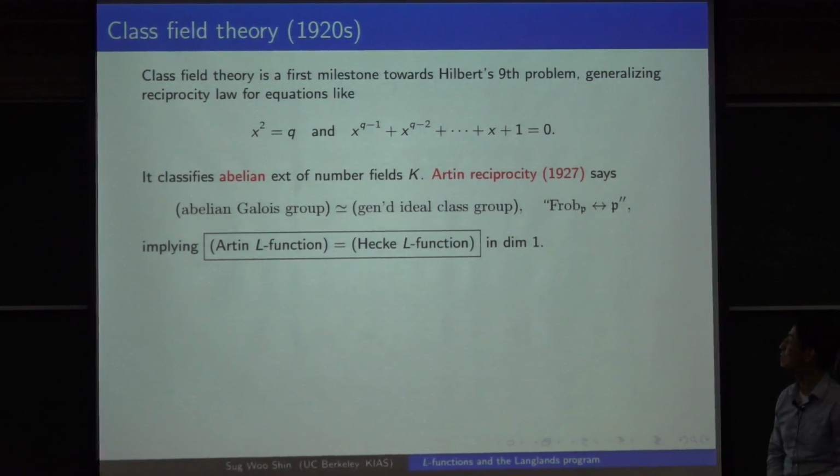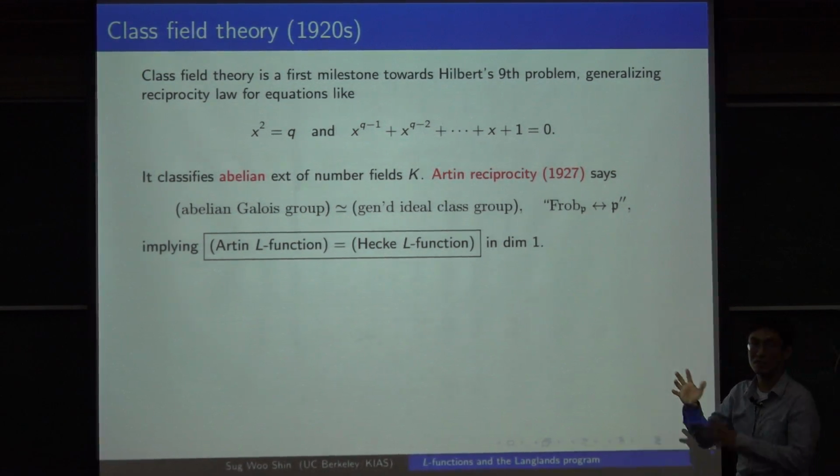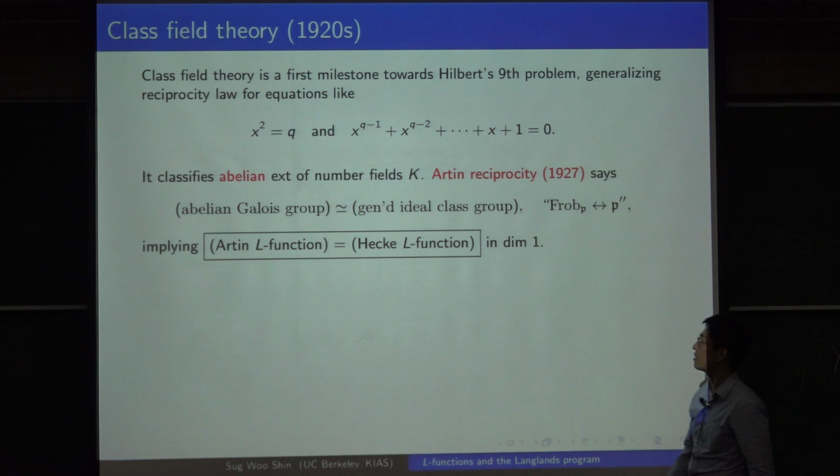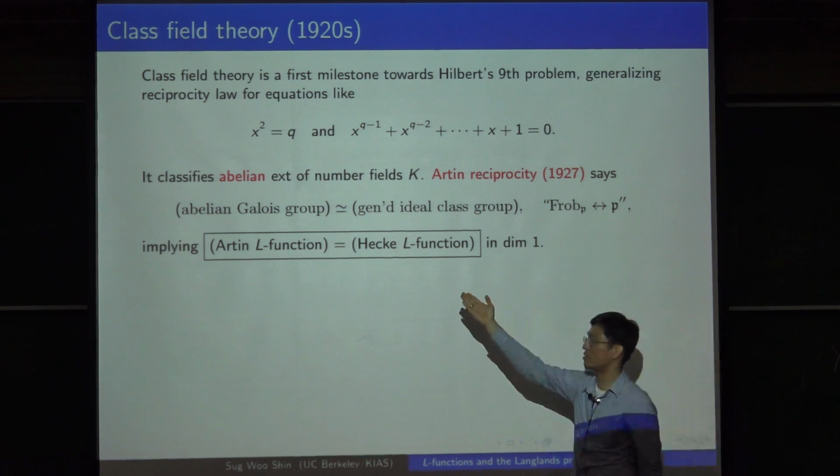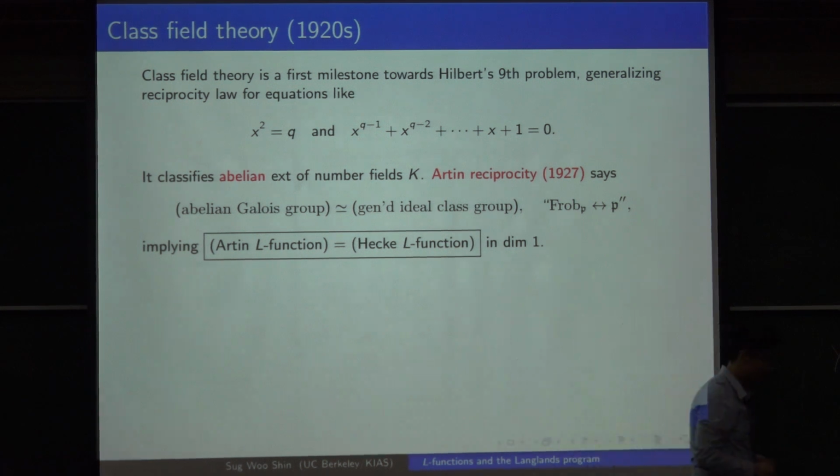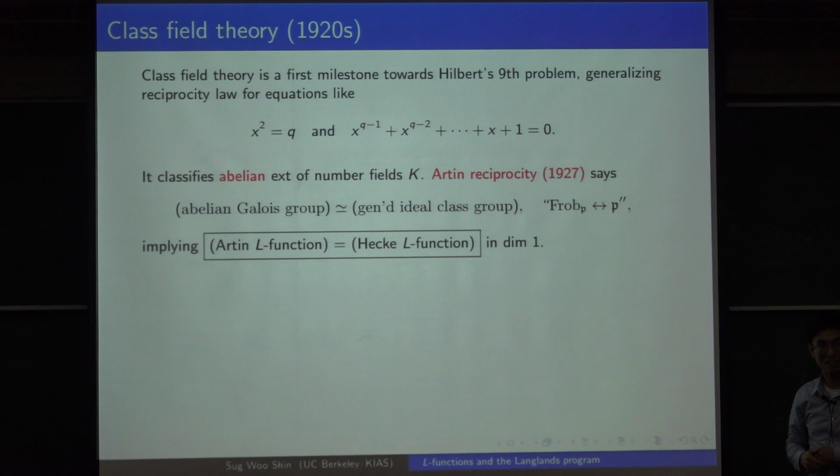Moreover, Artin reciprocity says something more precise, and it identifies the abelian Galois group with the generalized ideal class group. To be honest, I didn't quite define ideal class groups, but it's just some group generated by prime ideals modulo a certain relation, and Frobenius elements correspond to prime ideals.